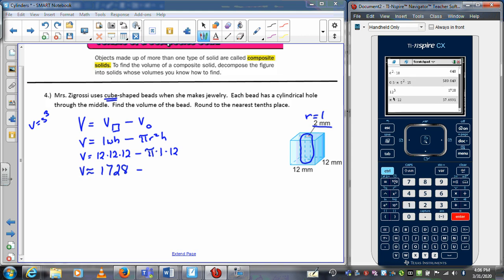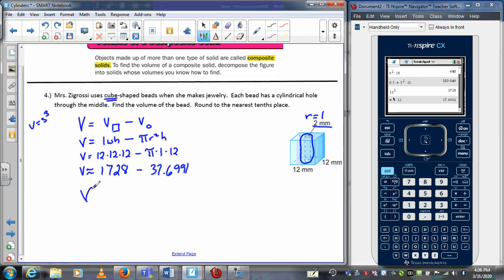Okay, and that looks like 37.6991. So I'm going to now subtract that.